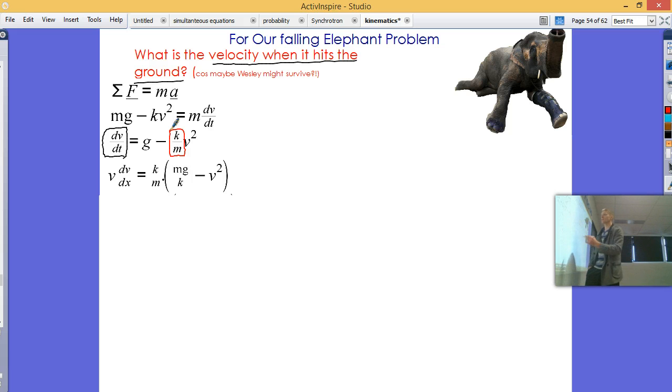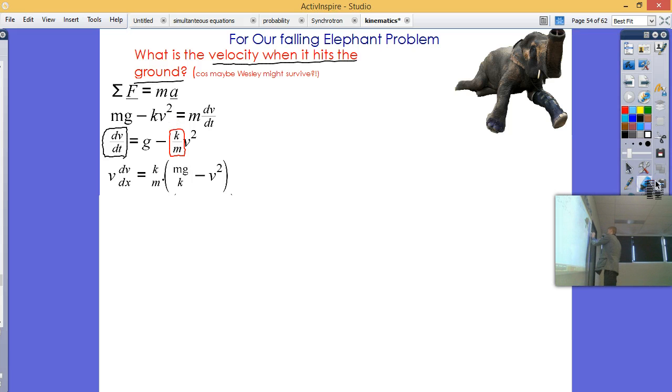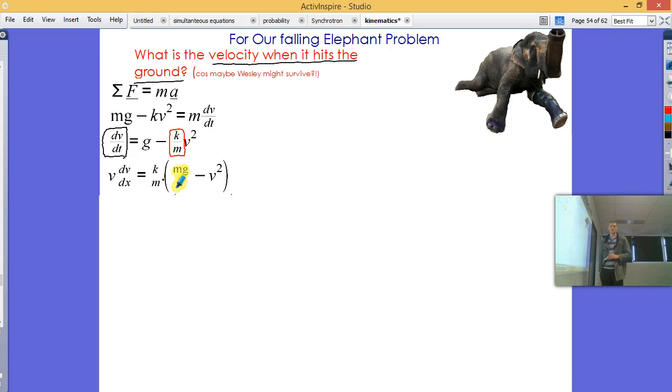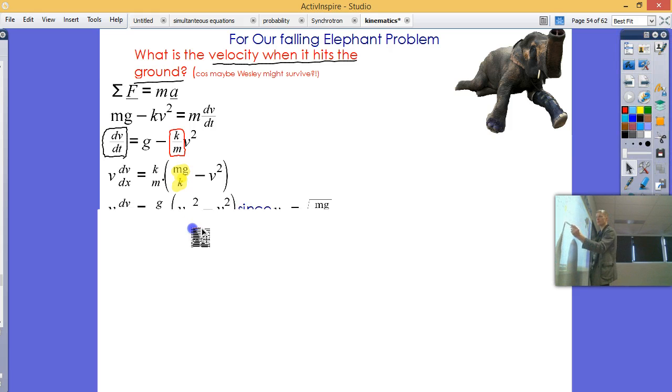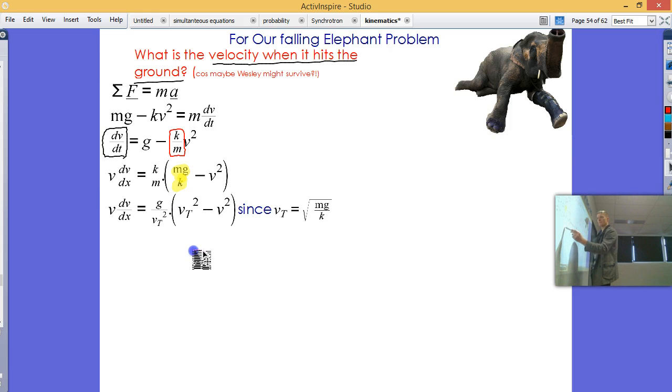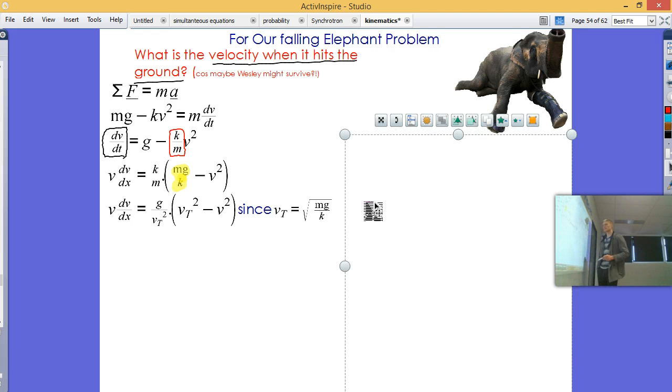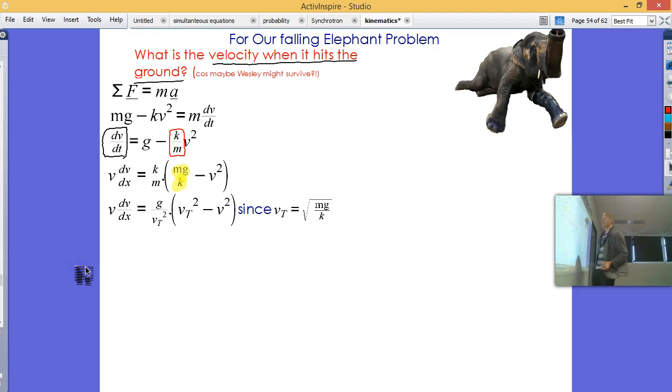And we've ended up with this mg on k term right here. Now that might be useful to recognize what is that term the same as. And in fact, mg on k is the square of the terminal velocity.